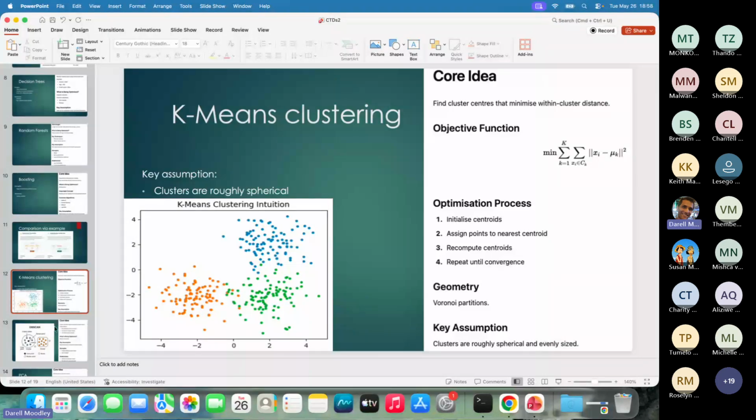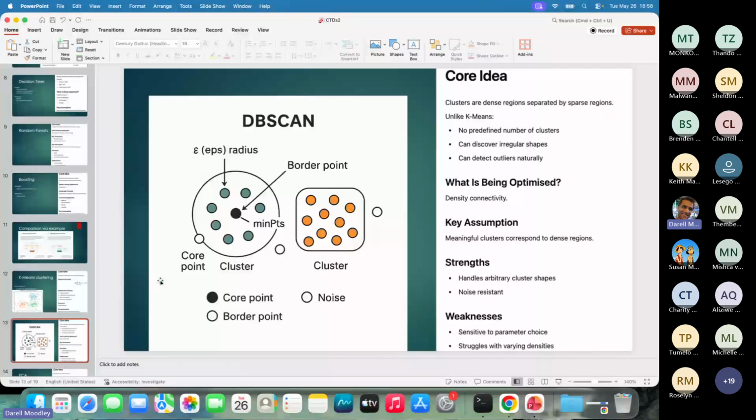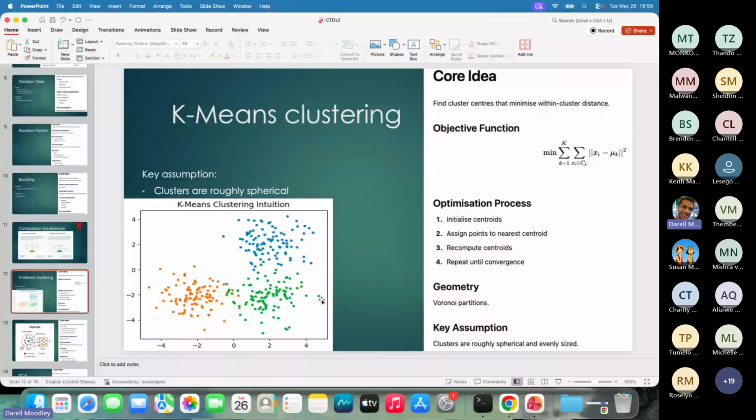DBSCAN, which is the other unsupervised method you would have come across, overcomes that problem. Here, the points don't have to be spherical in shape. There's an additional benefit with DBSCAN compared to K-means. So let's go back to K-means. If you look at this point in the far right, this green point here, this could be considered an outlier, not necessarily in the green cluster, right?